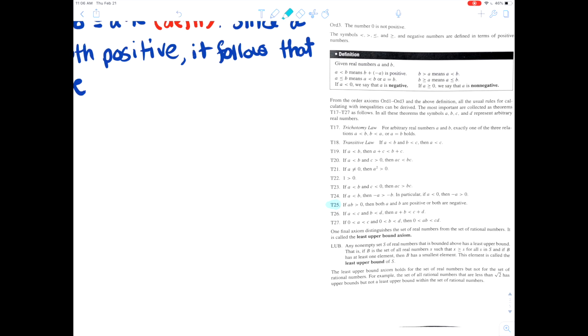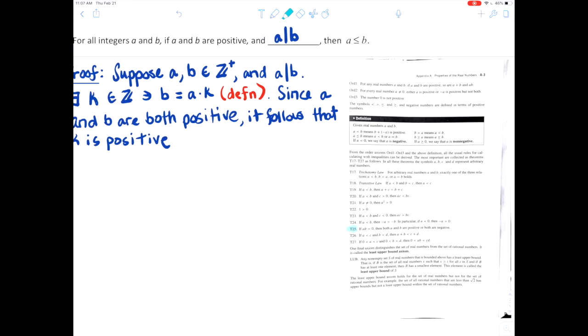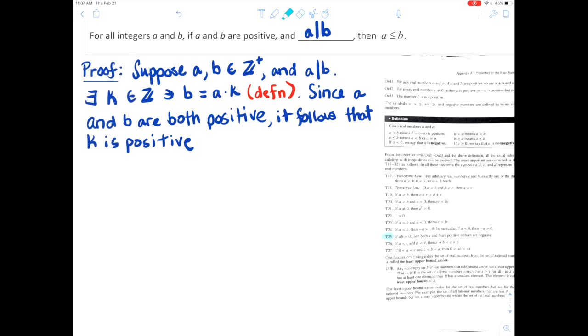Well, it's a little bit tricky here because we're not technically going to be using A and B. What are we going to be using? Awesome. We're going to be using A and K. B is positive. A is positive.